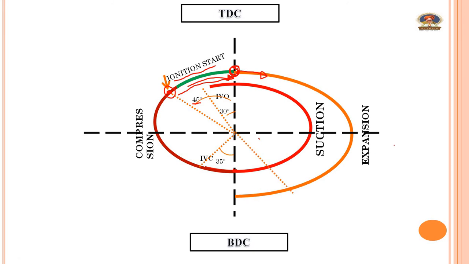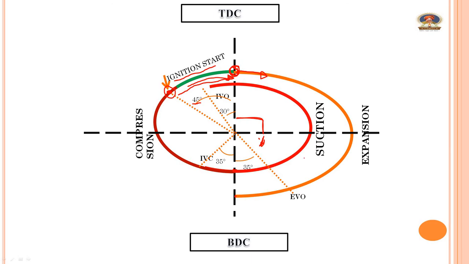During this, the maximum power will be received by the piston at 90 degrees of rotation after the start of expansion. After that, the power generated by the burning of fuel is not useful for the piston. That's why we can open the exhaust valve 35 degrees before the end of the expansion stroke.